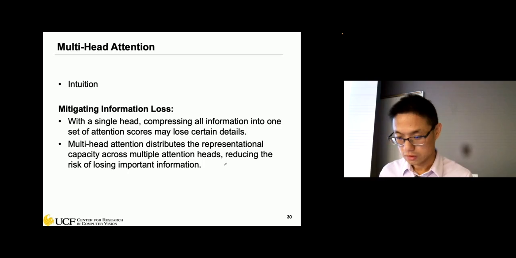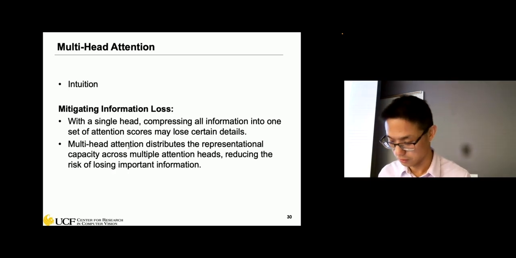And also, with multi-head attention, sometimes you can mitigate the information loss. Because for a single head, you are compressing all information into one set of attention, but due to the heavy compression, maybe some of the information will be lost. If you are using multiple heads, then hopefully other information can be captured by other heads, okay?